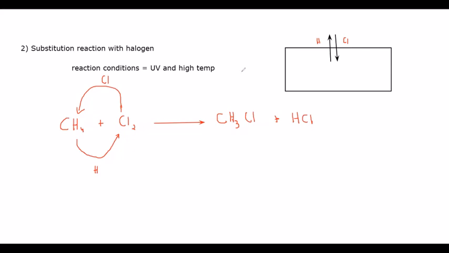Why does hydrogen leave? Because in terms of structure, carbon can form a maximum of 4 bonds. Carbon belongs to group 4, so it cannot form more than 4 bonds. 4 covalent bonds are there.